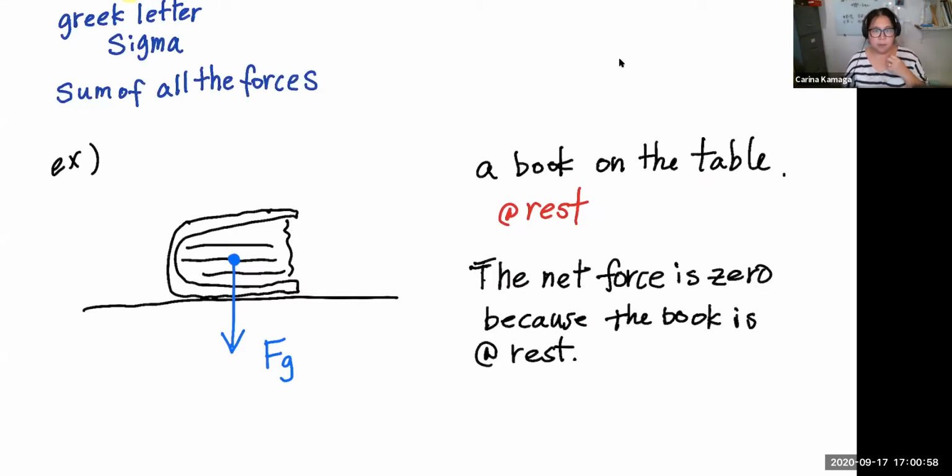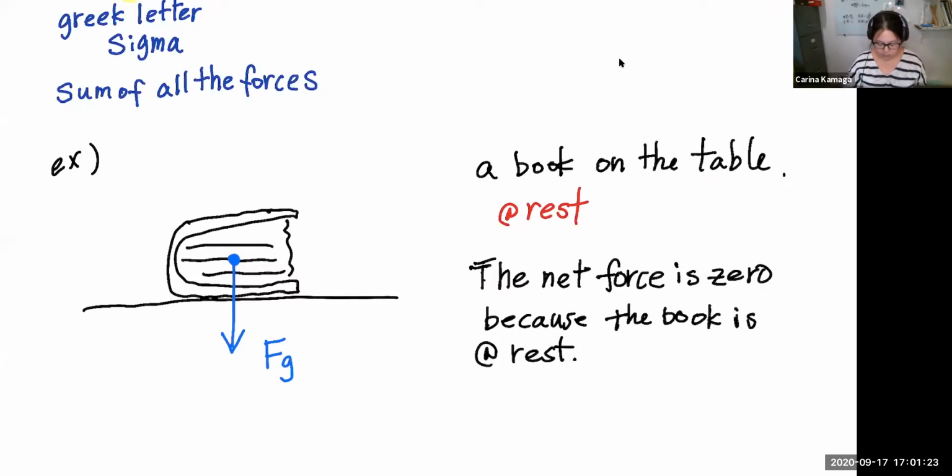And do you remember the direction of normal force? The direction of normal force is always perpendicular to the surface. So let's draw the normal force, or you can also call it a support force.